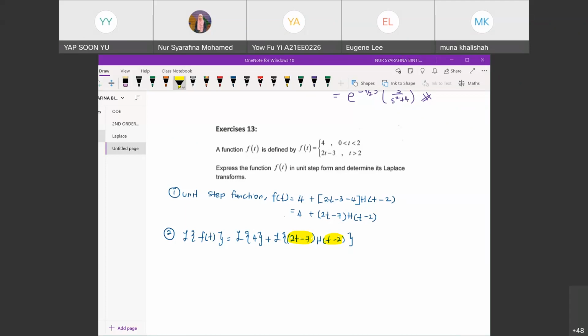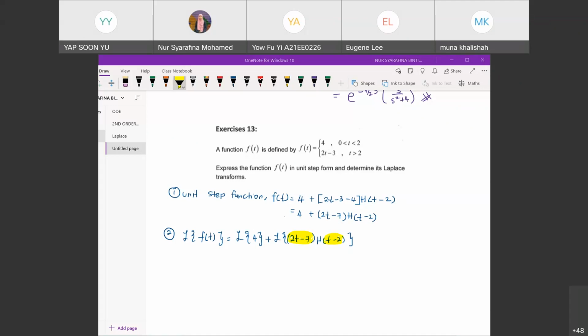Anyone has problems with the first part here? All of you got this? Okay. Then transforming this. How to transform this? Anyone has problems on this part?